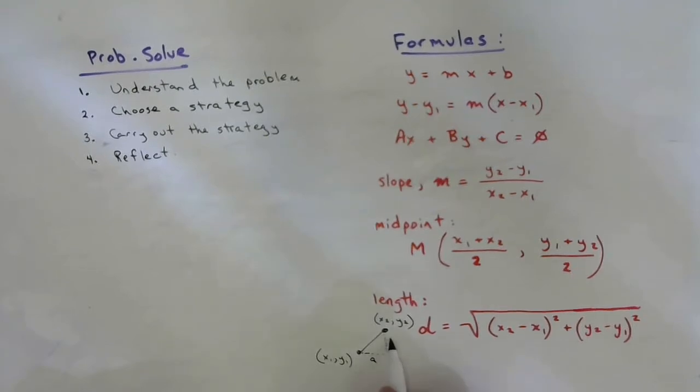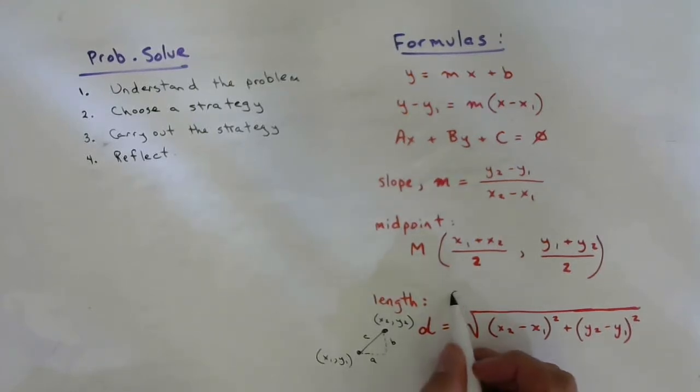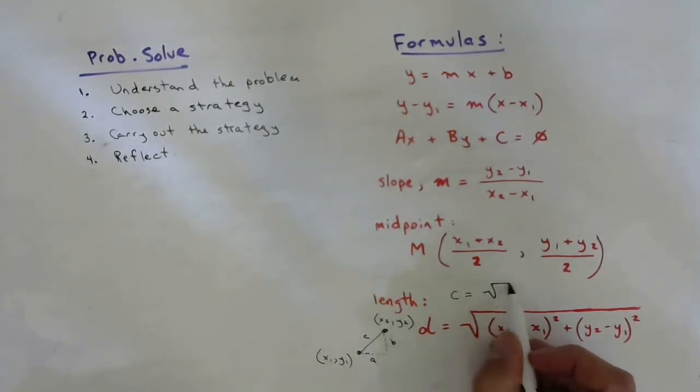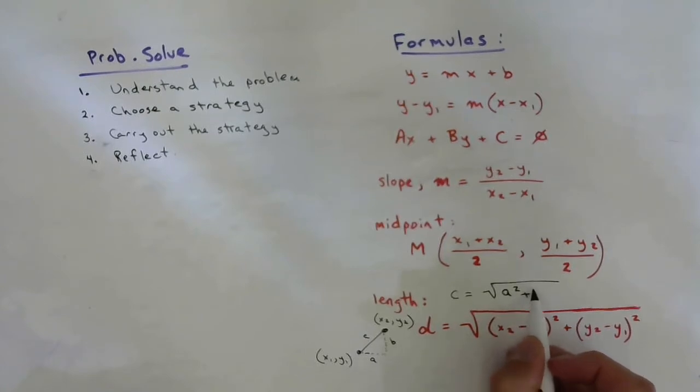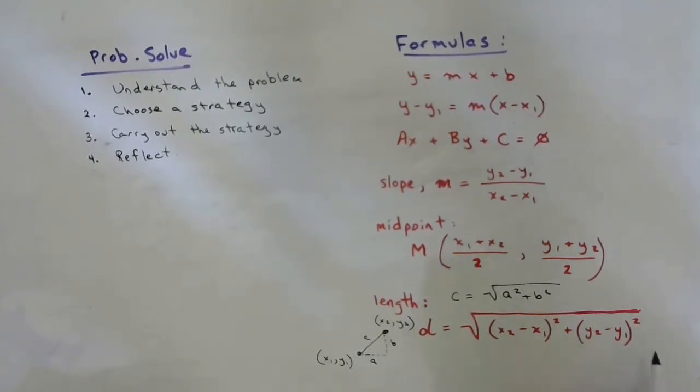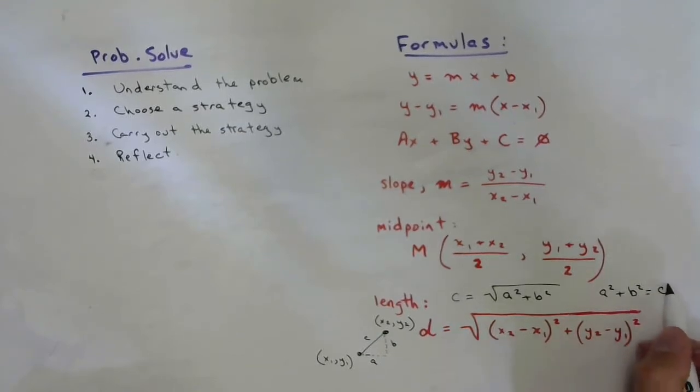That gives you a triangle, a squared plus b squared equals c squared. So c equals the square root of a squared plus b squared. That's what's right here. This is literally just c equals the square root of a squared plus b squared. Where does that come from? It comes from a squared plus b squared equals c squared.